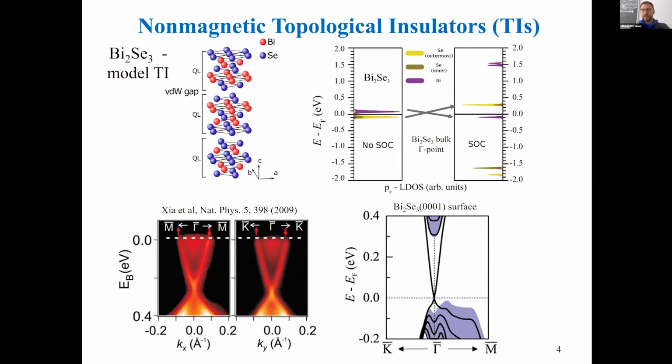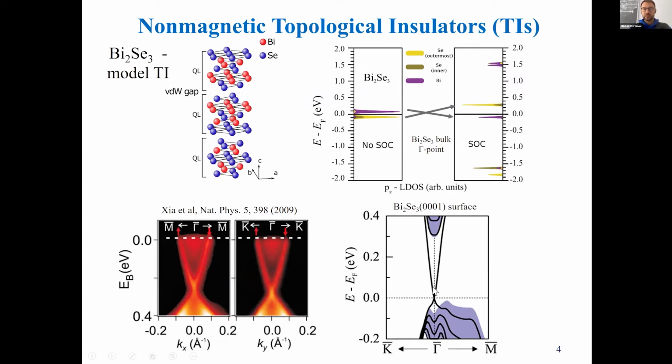And there is a theorem that states that if the bulk bandgap of an insulator is inverted due to spin-orbit coupling, its surface will be gapless. At least this is true for the so-called strong topological insulators. So this is how this gapless surface state looks like in the DFT calculation.